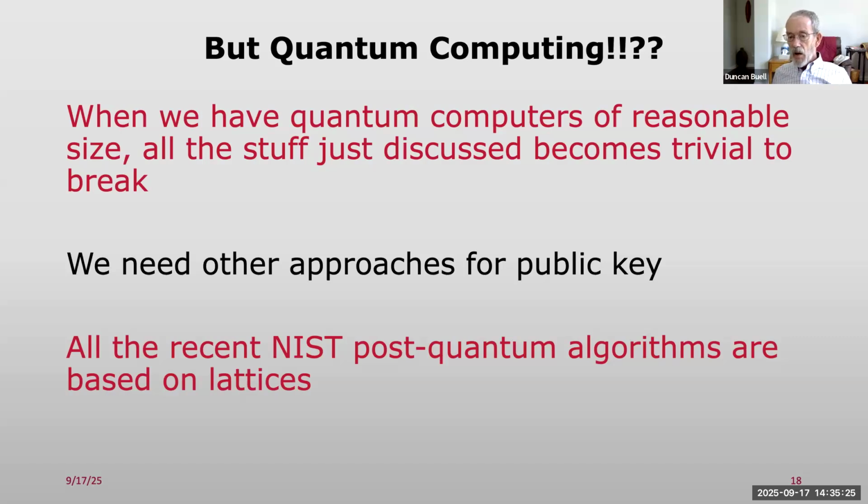So we're dead in the water. NIST started working on this several years ago, 10 years ago maybe, and they published a call for post-quantum algorithms for public key cryptography. About a year and a half ago, they published 3 standards.